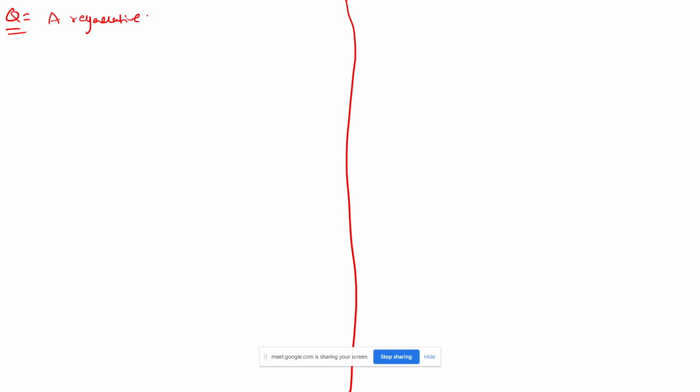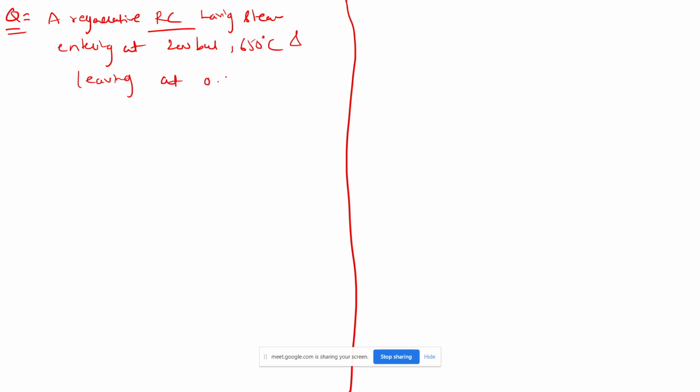The regenerative Rankine cycle having steam entering the turbine at 200 bar pressure and 650 degrees Celsius and leaving at 0.05 bar pressure.